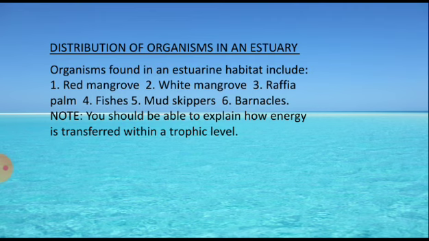There we also have various types of organisms that are able to survive in this habitat. They're able to survive because of some particular features they possess. It could be structural, it could be behavioral, or it could be due to their appearance. And note that you should be able to explain how energy is transferred within a trophic level.